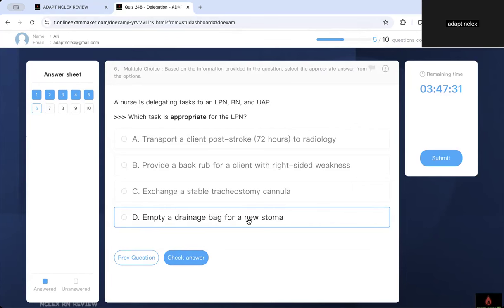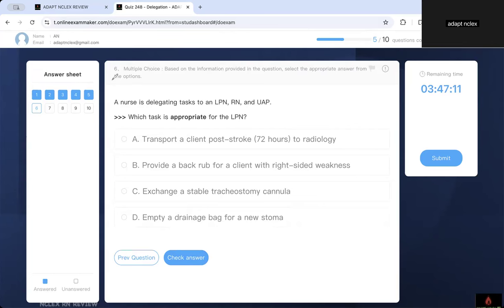The nurse is delegating to LPN, UAP, and then RN. There are tasks going on. Which task is appropriate for the LPN? The way I do this, when there are 3 of them, everybody stays in their lane. That's the concept. Once again, everybody stays in their lane.